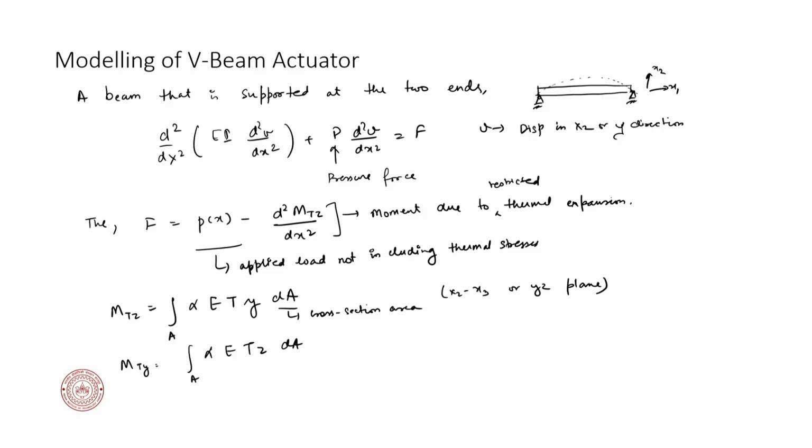Now, let us assume that the temperature variations and the moments are 0. Let us say that the applied pressure term is also 0. Then this equation can be simplified. So, now consider the case where the moment is 0, and our external load force is also 0, which gives the forcing term as 0.